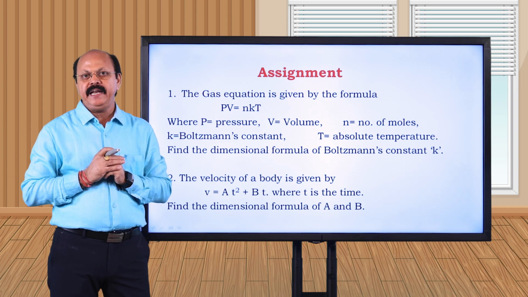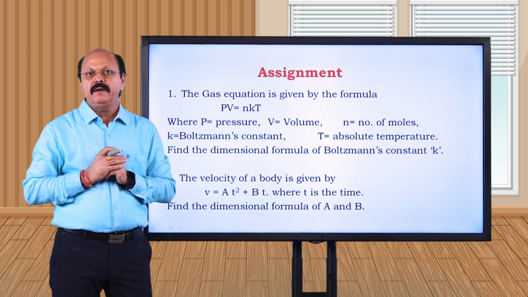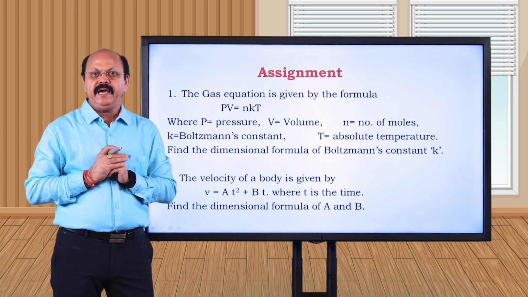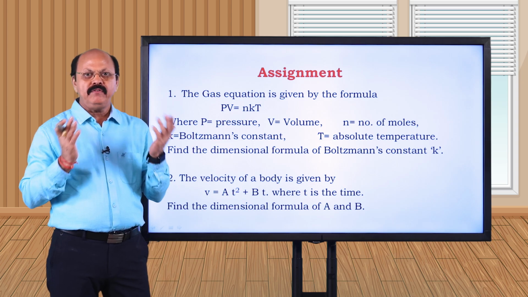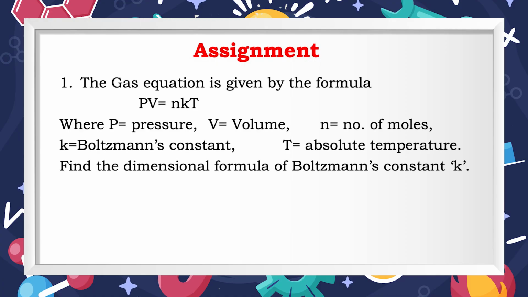Learners, there is an assignment for all of you. Its practice will bring more clarity to the concept of dimensions and its uses. Now, the first assignment is the gas equation given by the formula PV = nKT, where P is pressure, V is volume, n is number of moles, K is the Boltzmann constant, and T is absolute temperature.